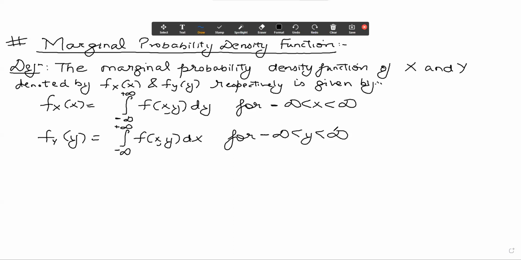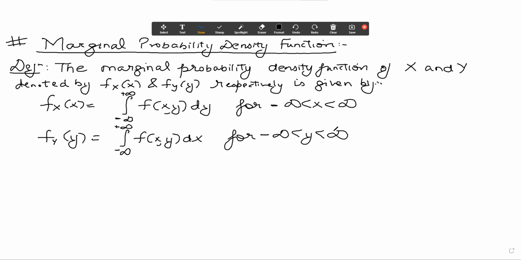So all students, please understand this. The marginal probability density function for x, how will you find it? You will integrate the joint probability density function with respect to y. That will give you the marginal probability density function for x.